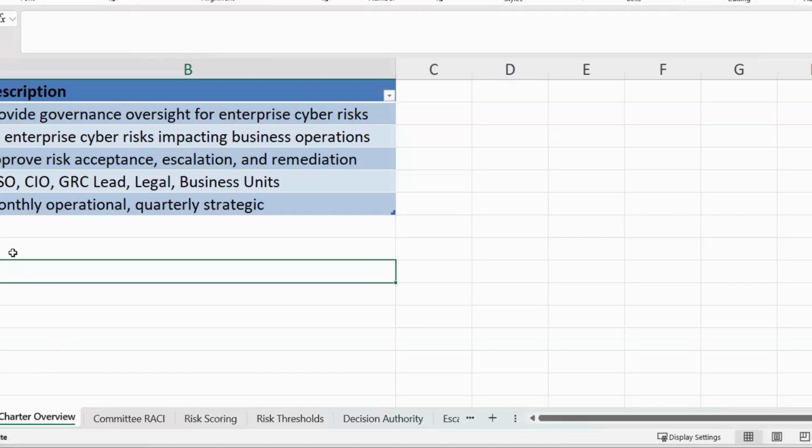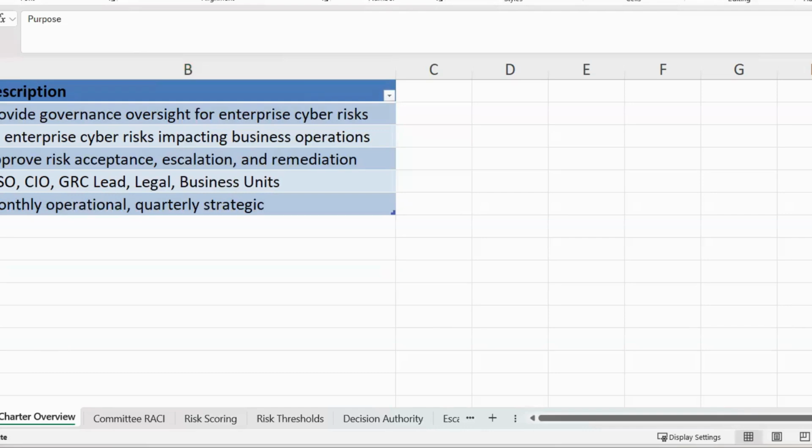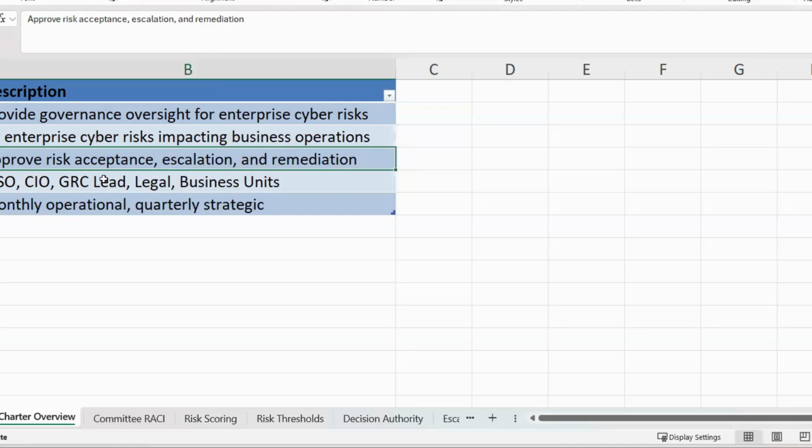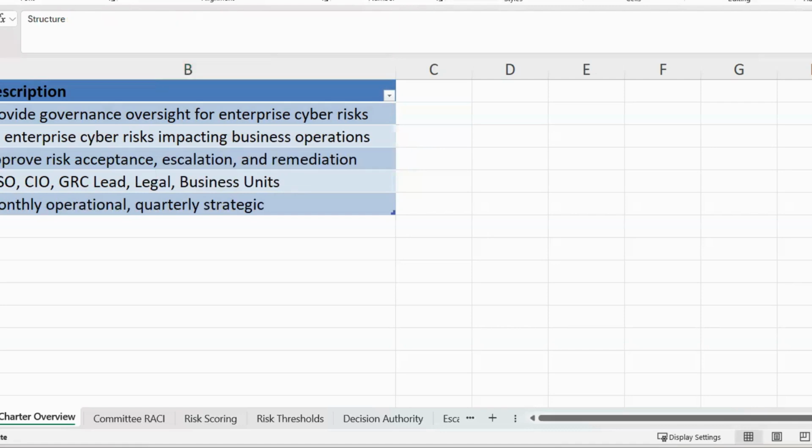A charter consists of the purpose in terms of the description, your scope, what the charter entails, the authority in terms of the approvers of risk acceptance, escalation, remediation, the overall structure, and your cadence.